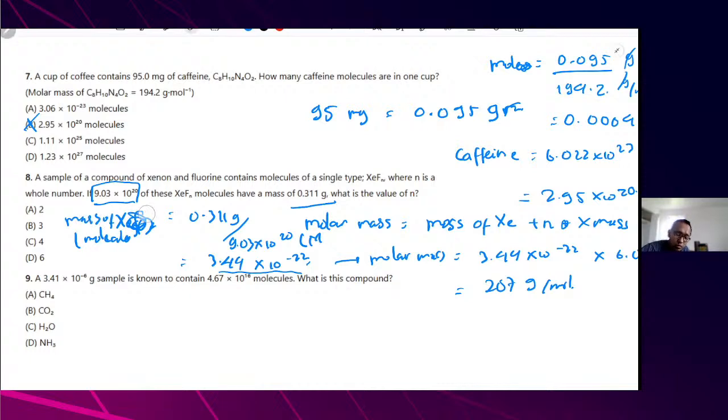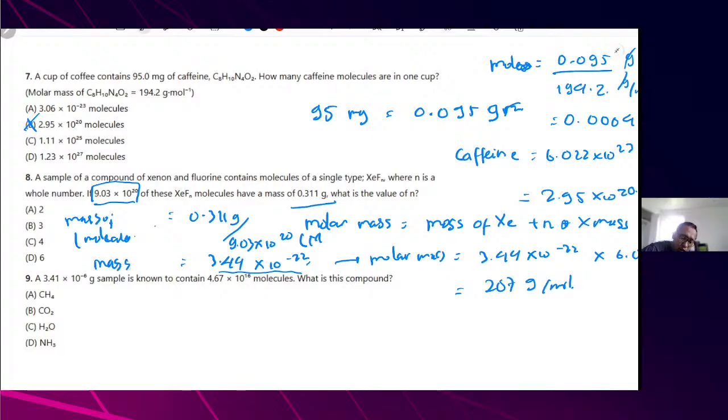Oh, I got you. So we have grams divided by the number of molecules. We have so many molecules, and then we have the mass. So mass divided by the number of molecules gives us the mass of one molecule.